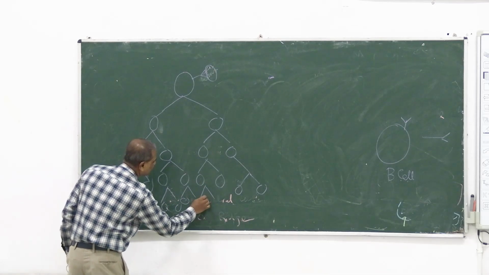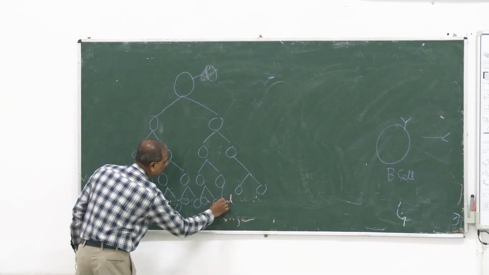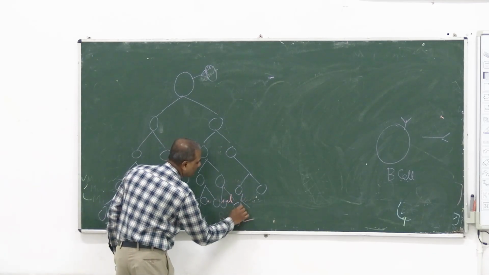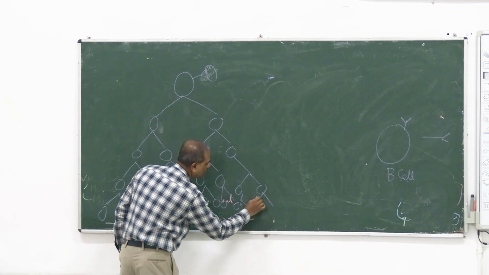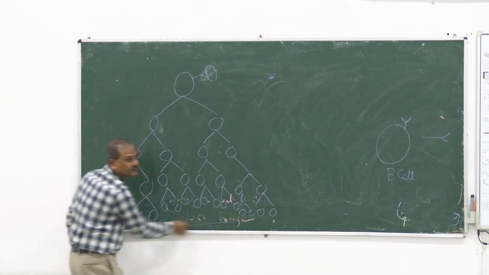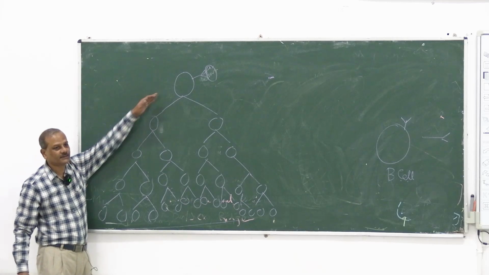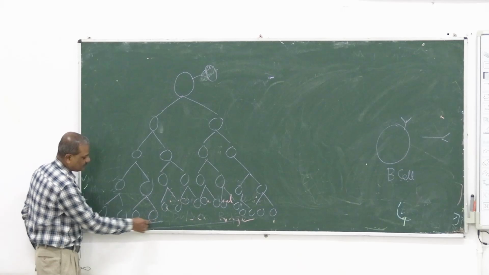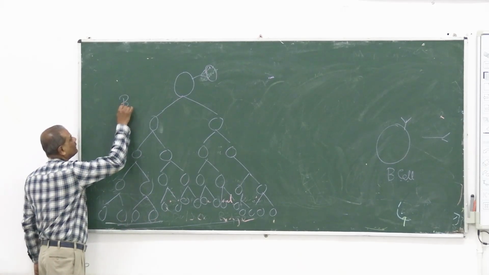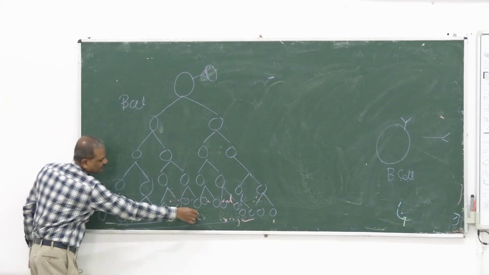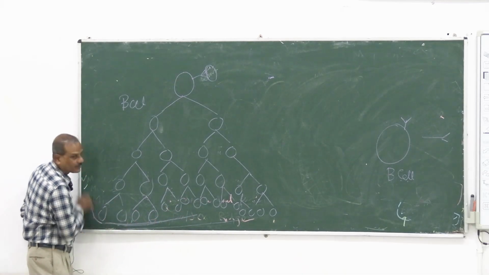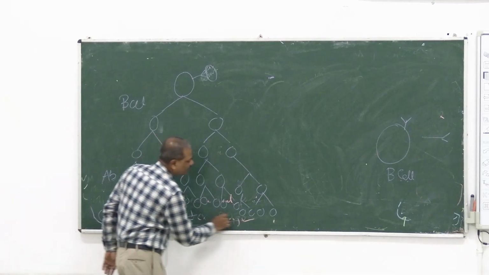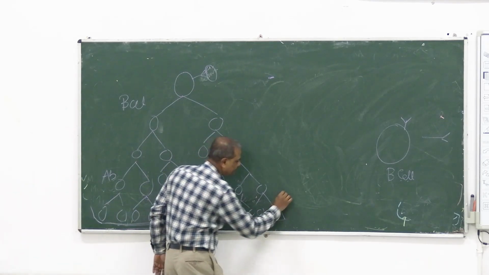This is clonal expansion. From a single cell, you are getting a number of cells. Some of the cells, if it is a B cell, will form antibody, and the rest will remain as memory cells.